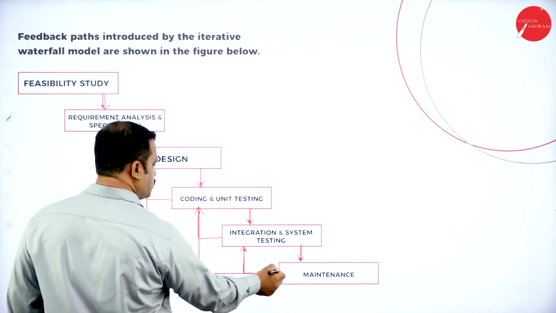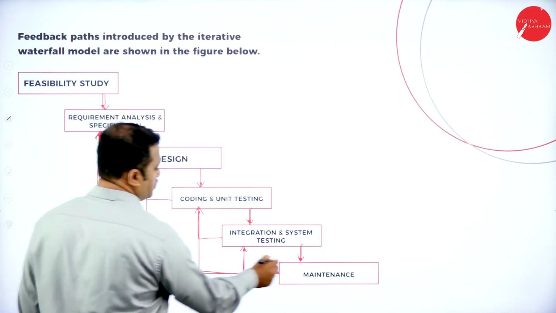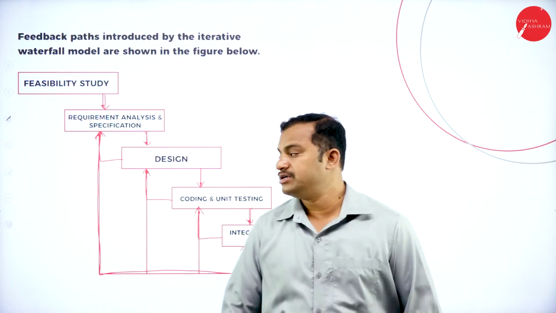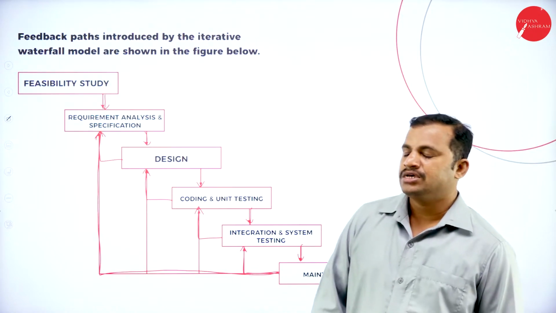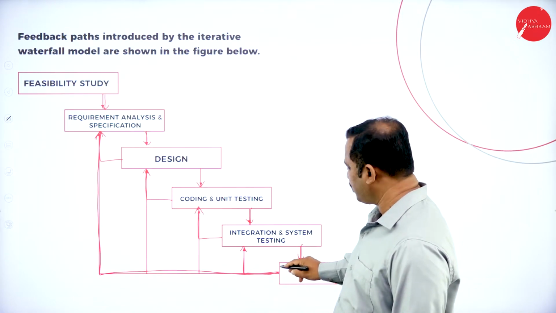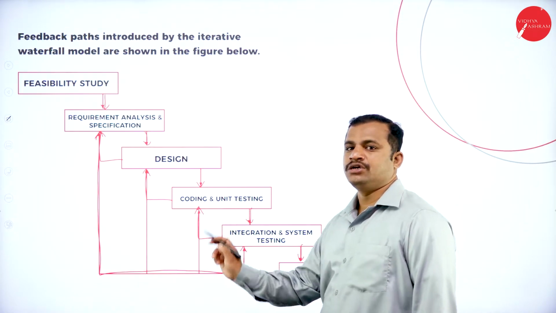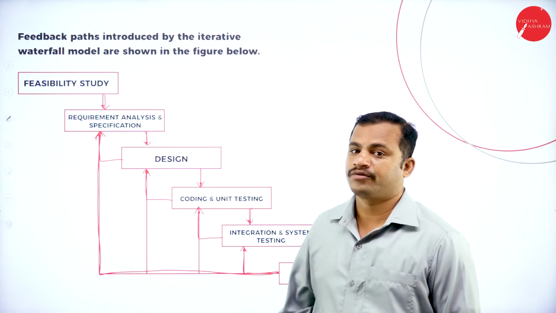So at last, you also have the chance of moving back from maintenance to the requirements analysis. What does that mean? That means you can navigate from one phase to another phase, and you can go back to the previous stage with the help of this model, that is the modified waterfall model.